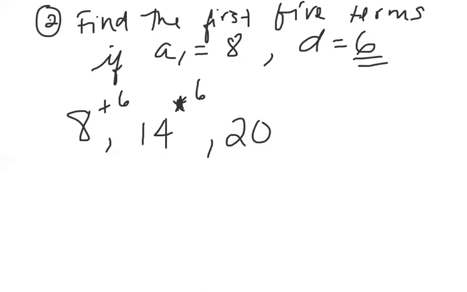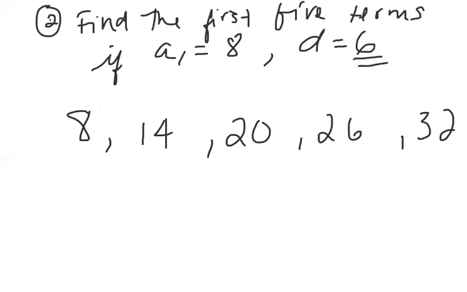To get the fourth term, you add 6 to 20, which gives you 26. Then you add 6 again, and that gives you 32. So here are the first 5 terms of the sequence, and just like that, you're good.